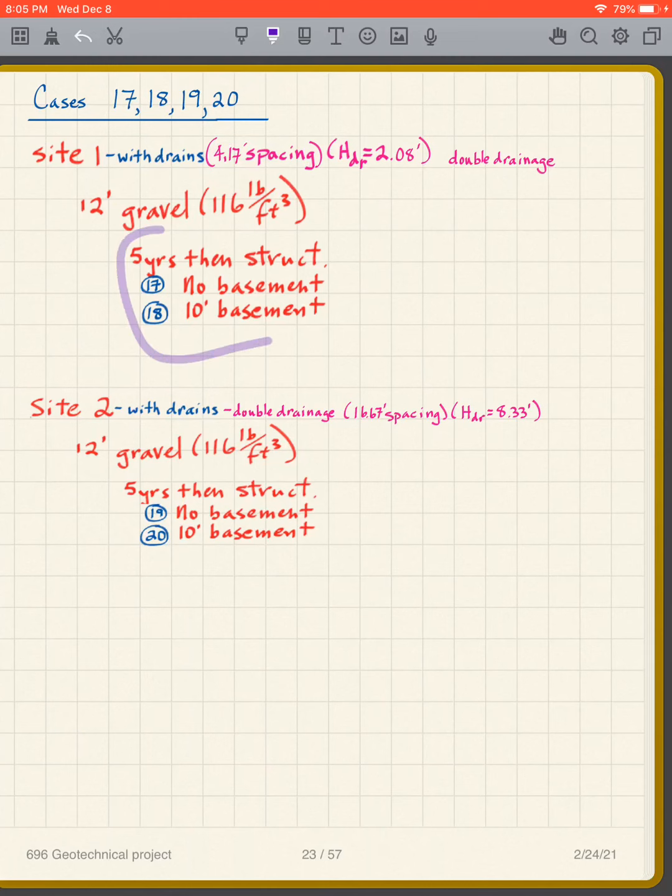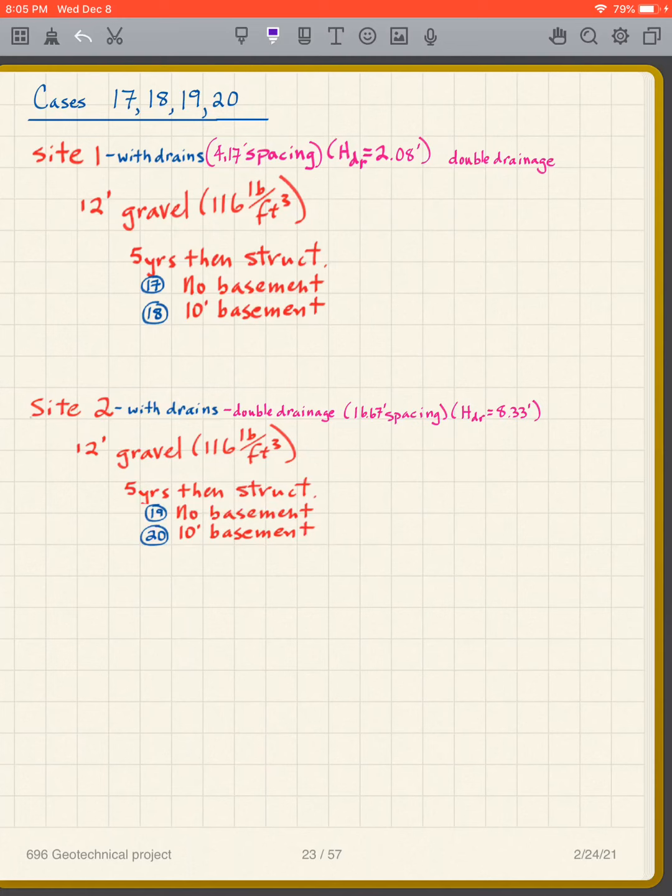And we're just going to have 5 years then the structure with no basement or a 10-foot basement. So we're reducing the number of cases here. And then at site 2, same thing, we're going to have 12 feet of gravel and 5 years. Only then the structure, again, no basement in the structure, 10-foot basement.